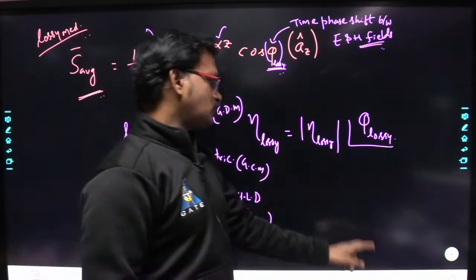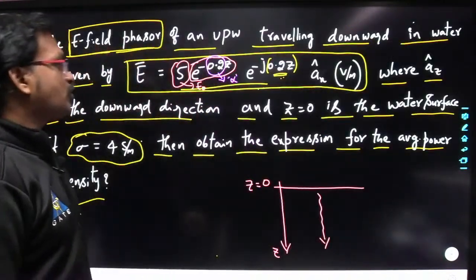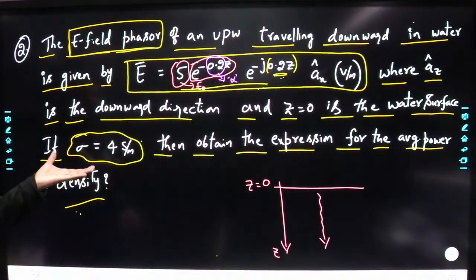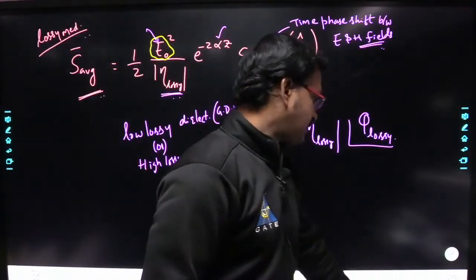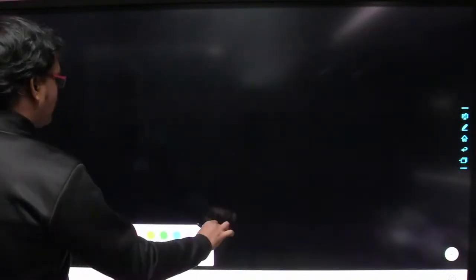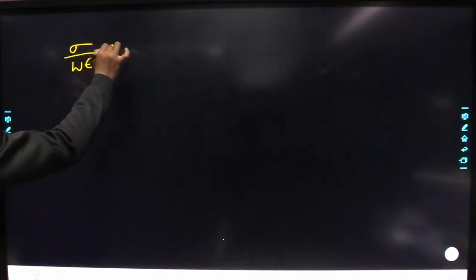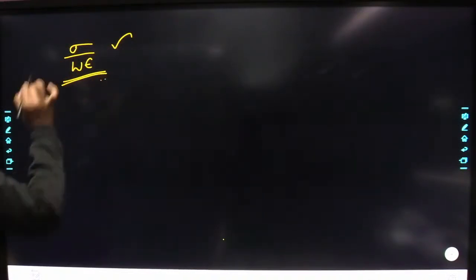Okay. So in order to determine the nature of the medium, what do you have to determine? They have given the conductivity of the medium, yes or no? You have to determine the sigma by omega epsilon ratio.